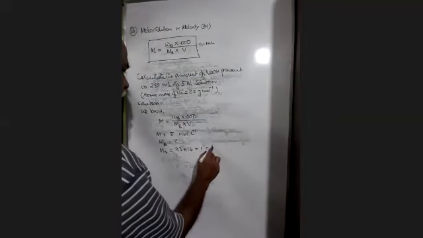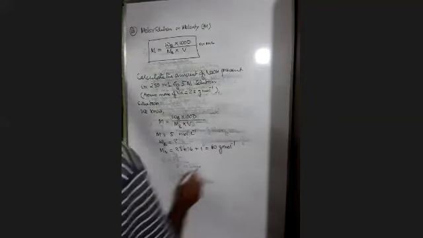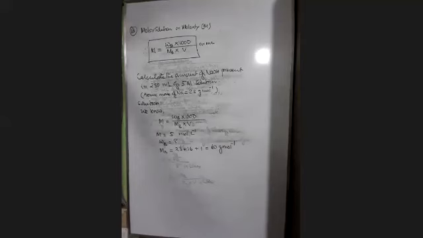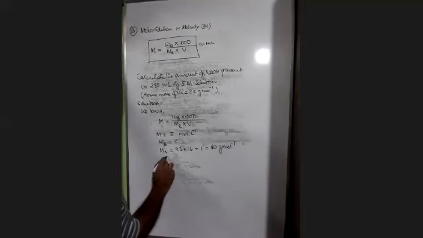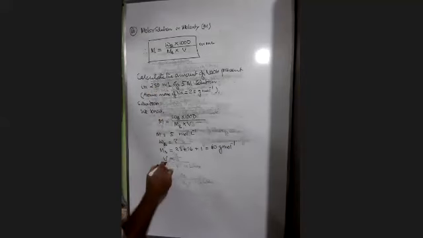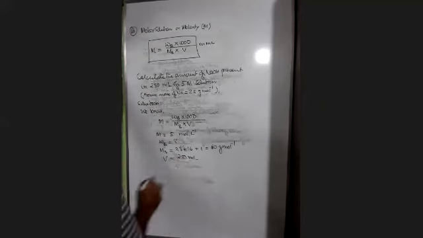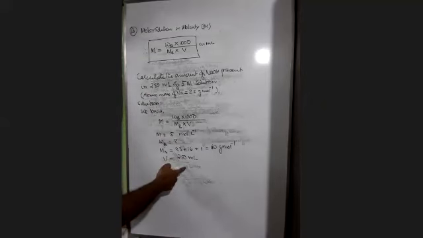Total is 40 gram per mole. Now what is V? 250 ml. So from there, find out W. You know how to do it by cross multiplication.